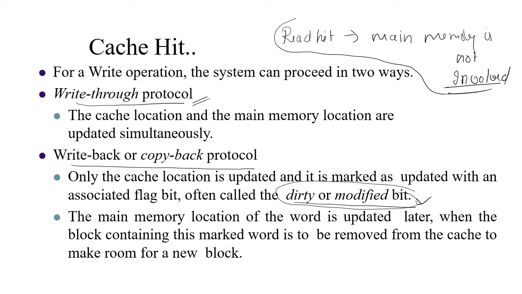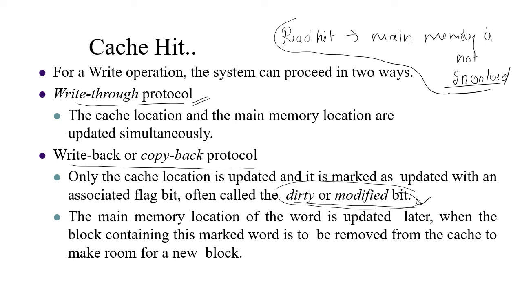During that, the older block, or the less frequently used blocks, has to be removed by the replacement algorithm, during which the main memory will be updated if there is a dirty bit present in it. If there is no dirty bit, it right away removes it. If there is a dirty bit set, then it indicates that there are changes with respect to the data present in the cache memory and the main memory.